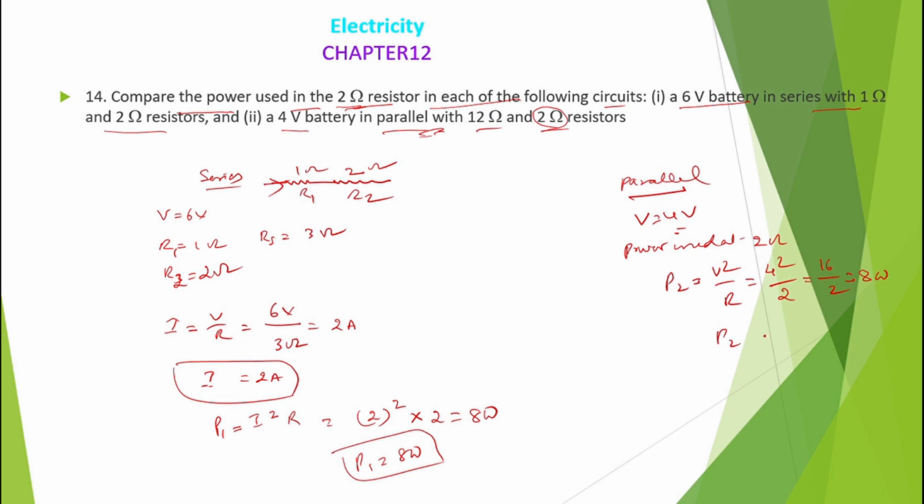So P2 is 8 watt. Comparing the power, P1 by P2 is equal to 8 watt by 8 watt, which is equal to 1. So the ratio of P1 and P2 is 1.